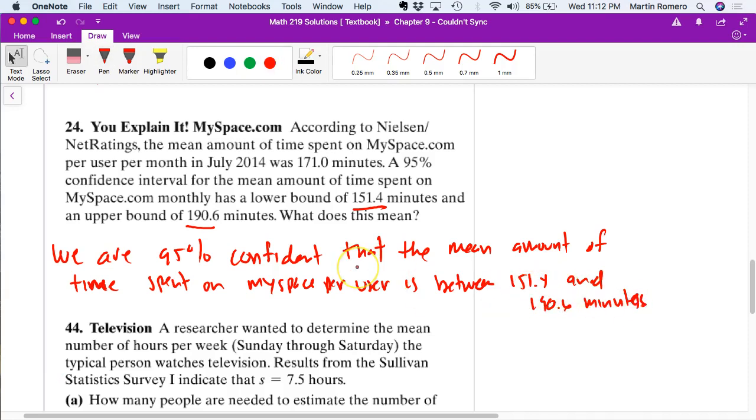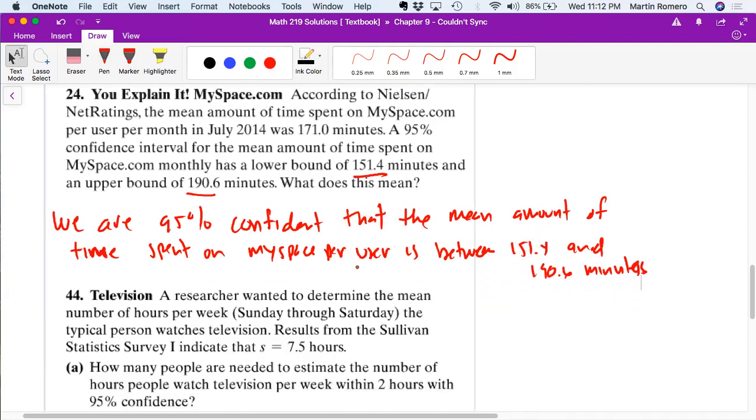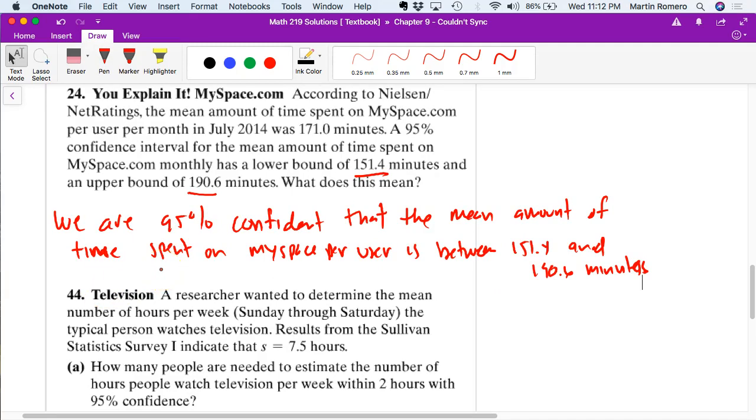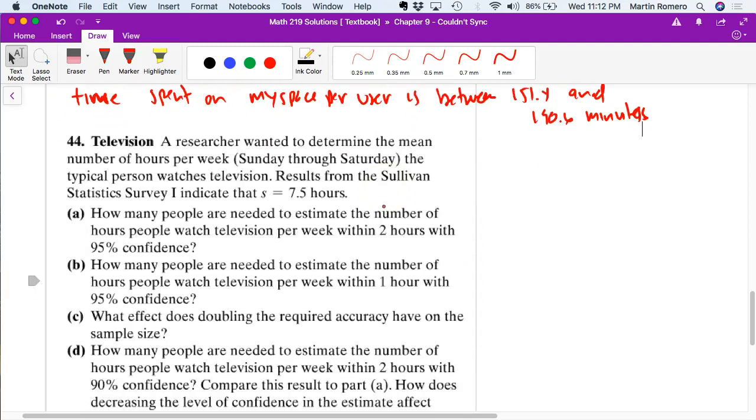There we go. That's what that means. Make sure you're using that language correctly. We are 95% confident. We are 90%. We're 99% confident. All depends on that.